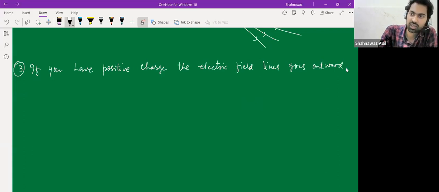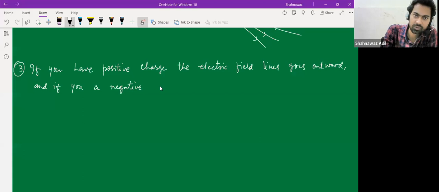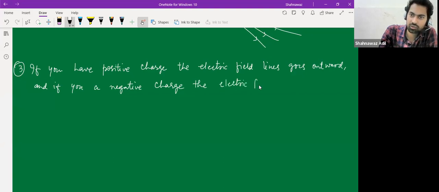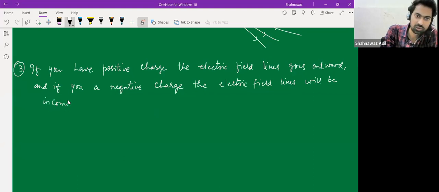And if you have a negative charge, the electric field lines will be incoming. So what do I mean by that?